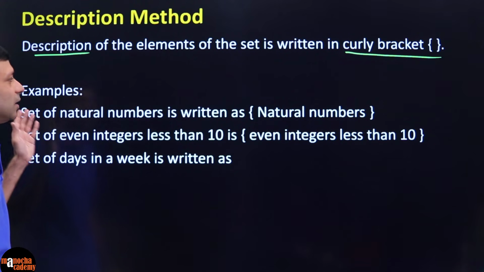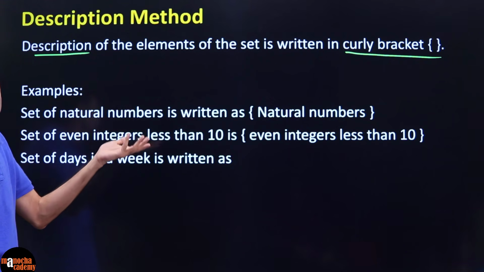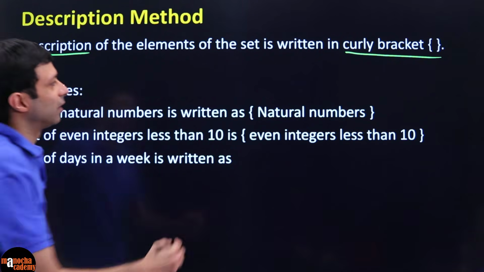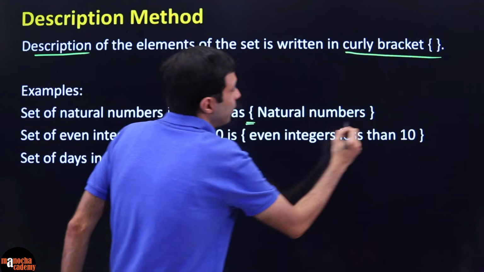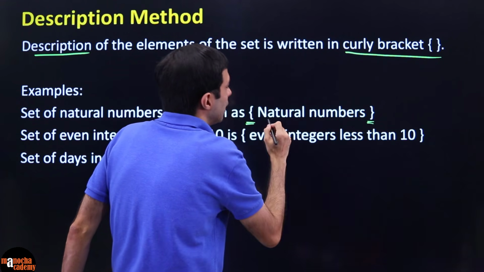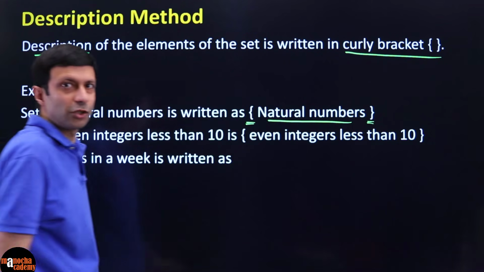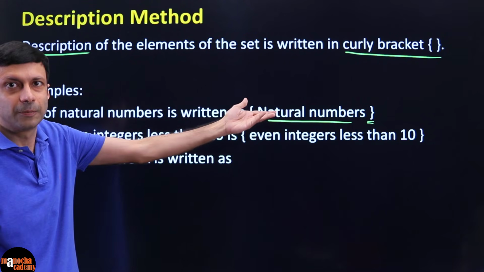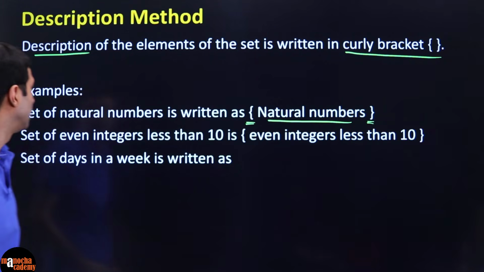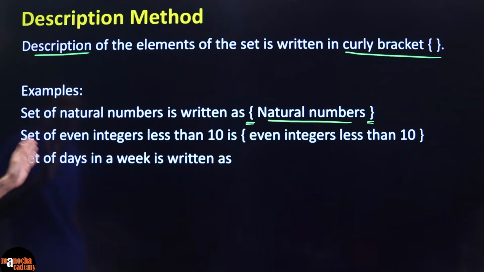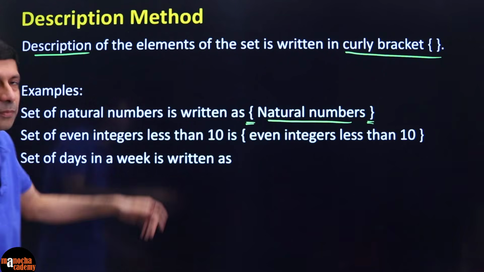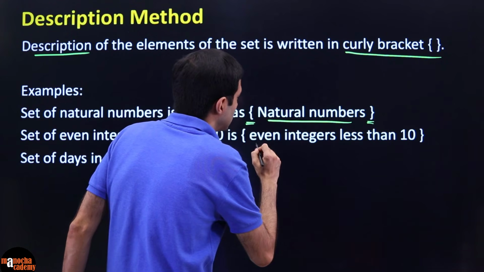For example, set of natural numbers, if I want to represent it using description method, don't forget, we'll open the curly brackets and then just write natural numbers. So you can just write a short sentence or these 2 words here. That is the description method. If I want to represent set of even integers less than 10, again, I'll just put that simple sentence down here.